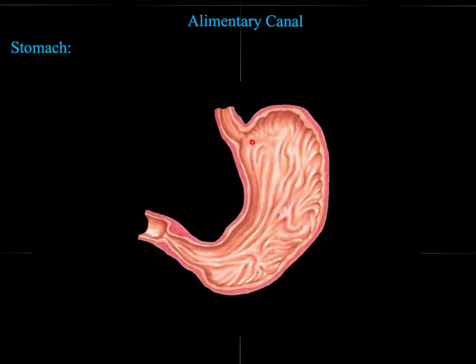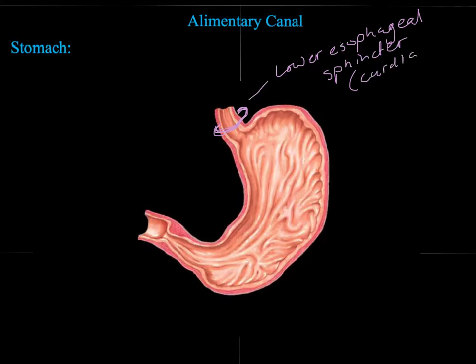As food enters the stomach from the esophagus, a ring of smooth muscle around the esophagus, called the lower esophageal sphincter, also called the cardiac sphincter, closes, preventing food from going backwards.